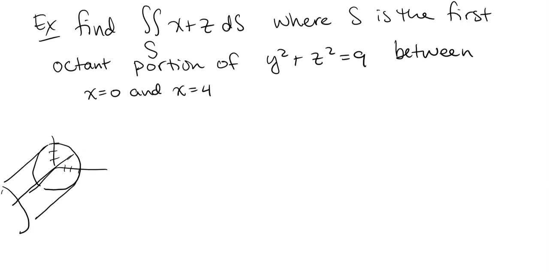So this cylinder is what we're looking at. And then all we want of it is the first octant portion between x equals 0 and x equals 4. So basically we're going to have this semicircular arc, and then that's going to extend over to here and then arc down. So we're just looking for this portion of it here.